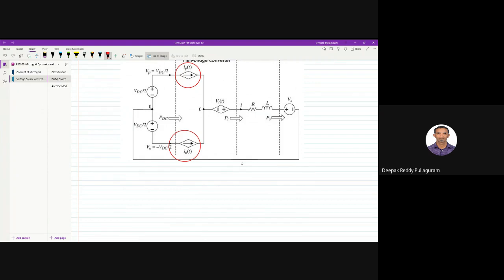What does this mean? How do I define IP?